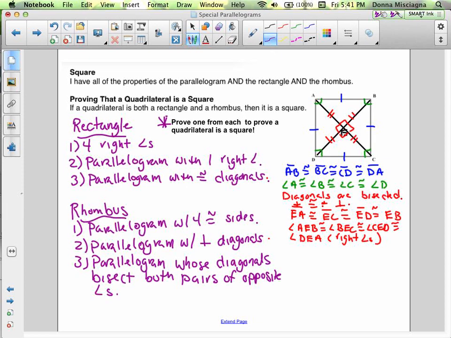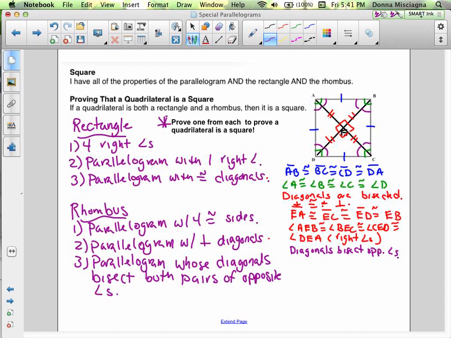The diagonals bisect the opposite angles, so that means this angle is congruent to this angle is congruent to this angle is congruent to this angle, and this angle is congruent to this angle. Right?